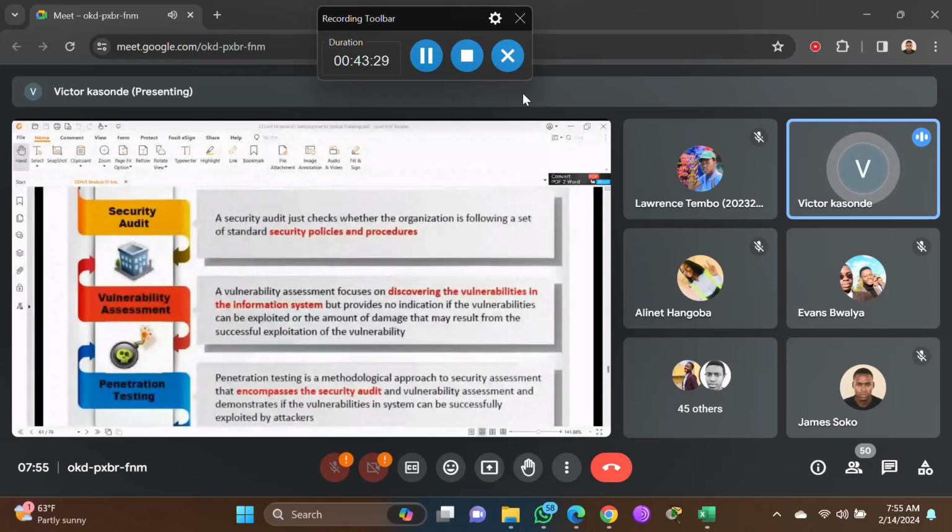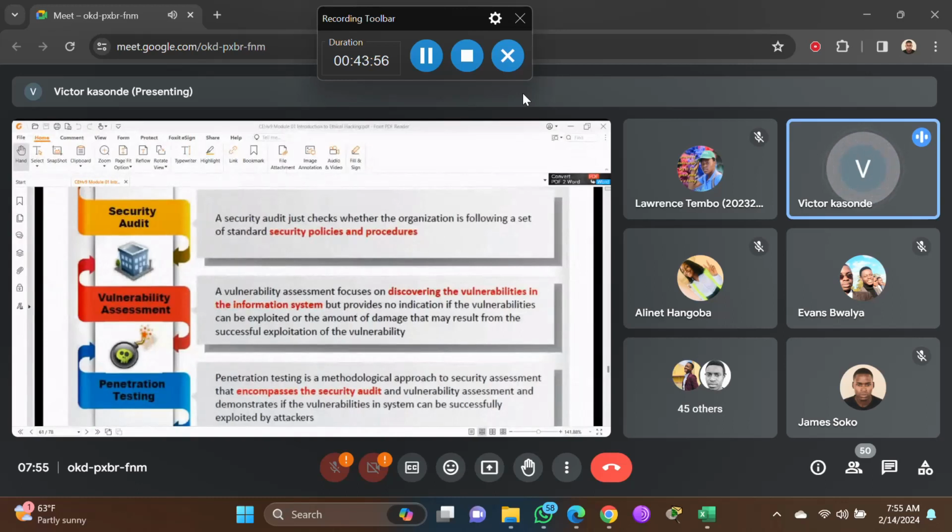That indication will be now in penetration testing. Here, in penetration testing, you behave like a hacker. With vulnerability assessment, we are just discovering, and you are not sure whether, if the hacker exploits it, that person will be successful.